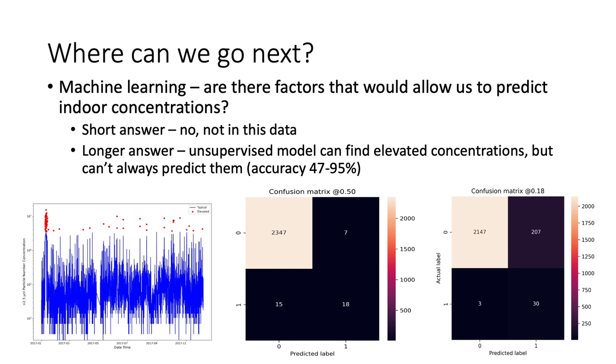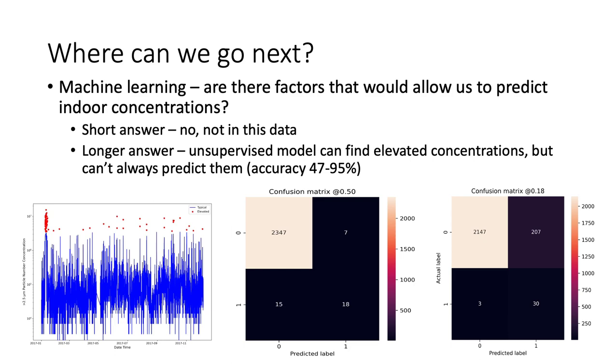We only had 7 false positives before, and if you look in the upper right, we now have over 200 false positives. But this time we get about 90% of the actual elevated periods predicted ahead of time by the model.